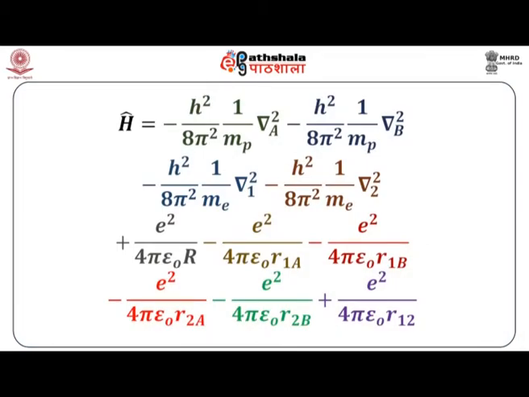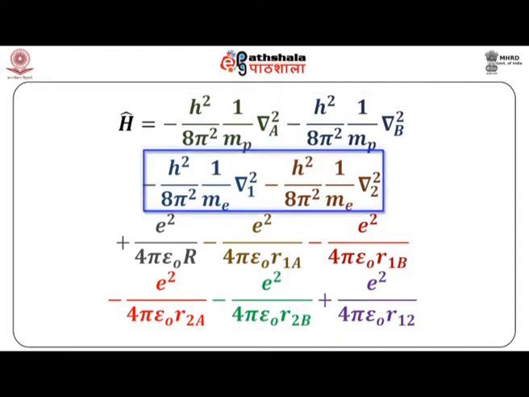On the right hand side, the first term represents the kinetic energy of nucleus A. Second is the kinetic energy of nucleus B. Then the next two terms represent the kinetic energy of the two electrons, which have been labeled 1 and 2.